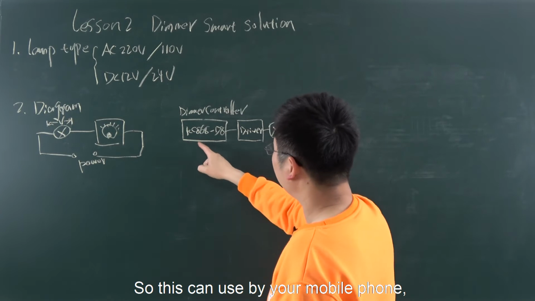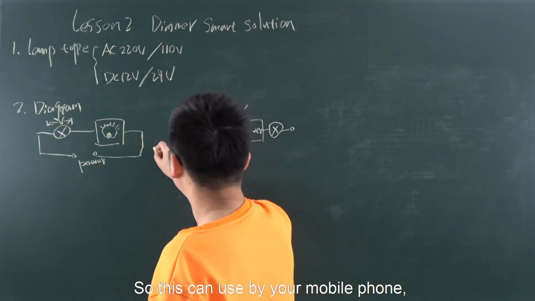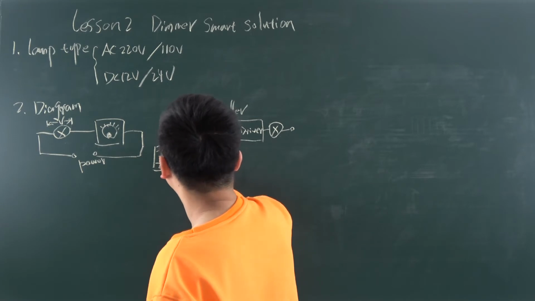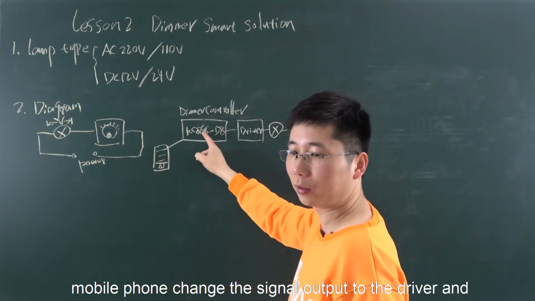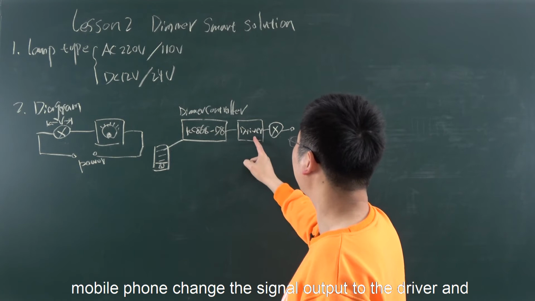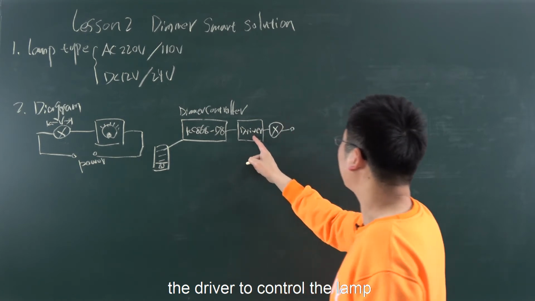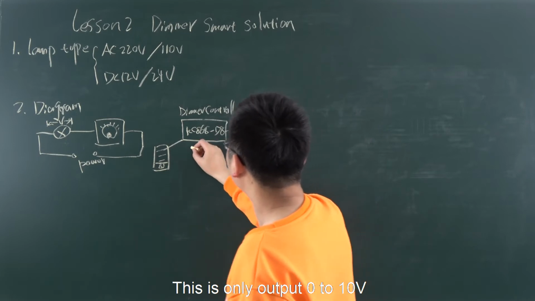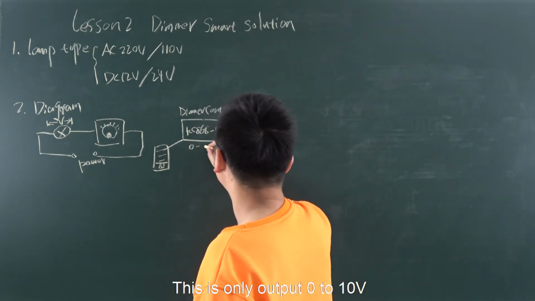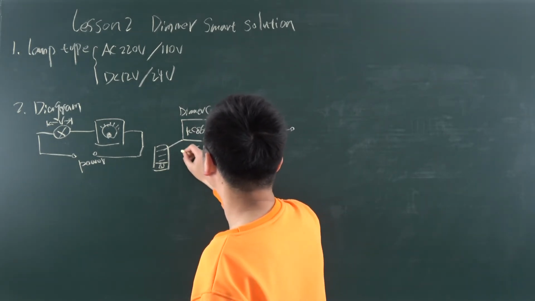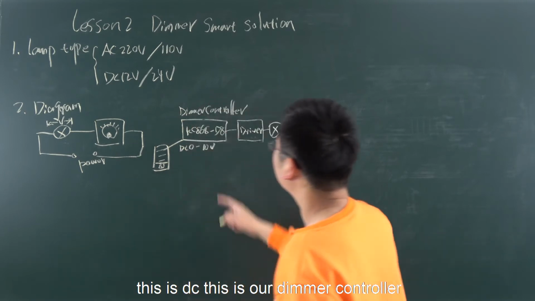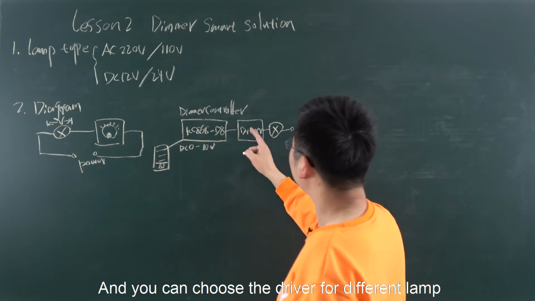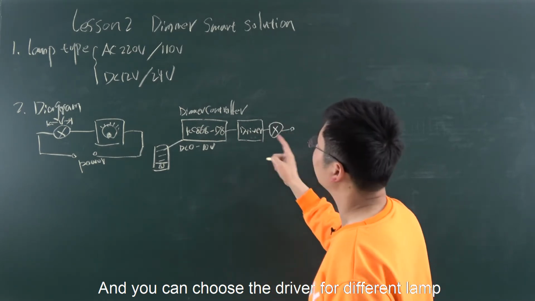So this can be used with your mobile phone. The mobile phone changes the signal output to the driver, and the driver controls the lamp. This only outputs 0 to 10 voltage DC. This is our dimmer controller, and you can choose the driver for different lamps.